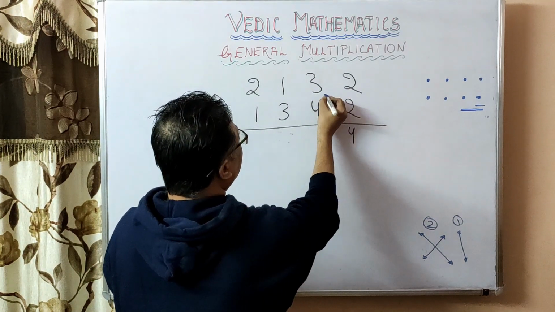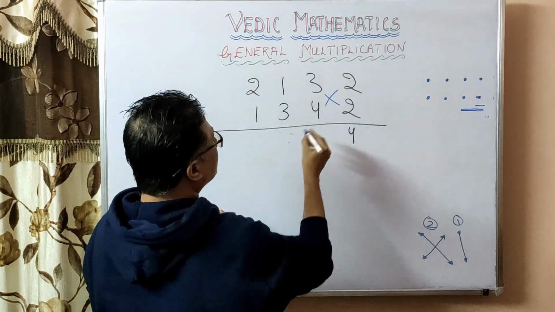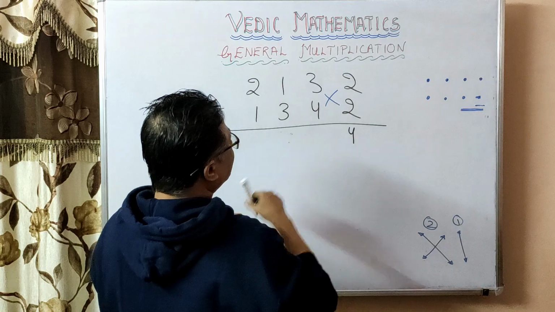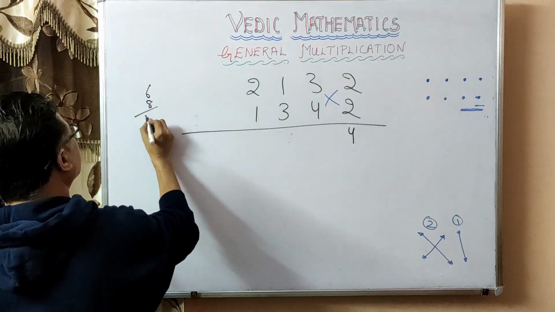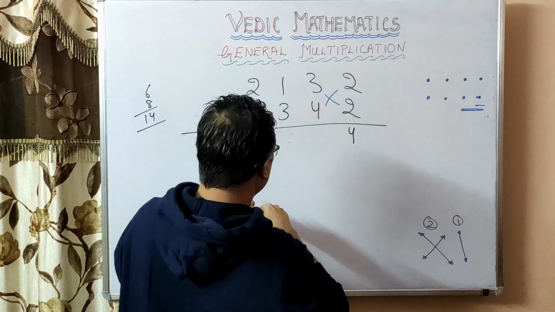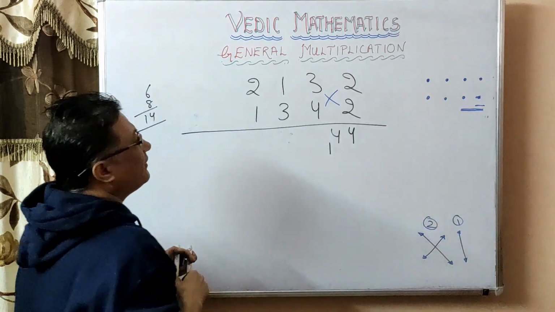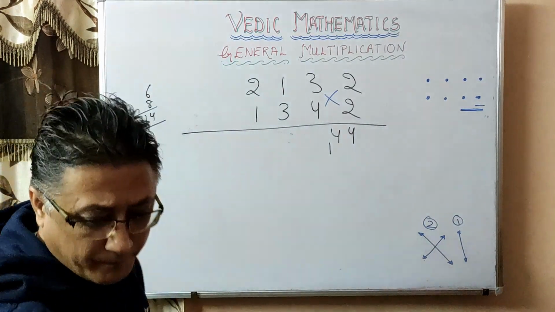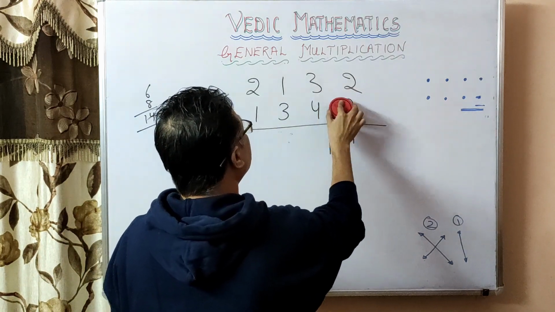What are we doing? We are doing this. Step 2. 3 2s are 6, 4 2s are 8. Add these two, 14. So I write 4 and 1 for carrying forward. Okay. So I will remove this path.